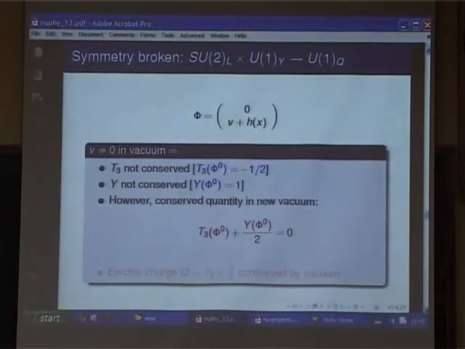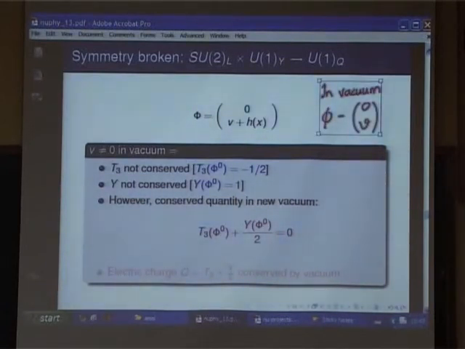So this is in vacuum. So this phi always exists.